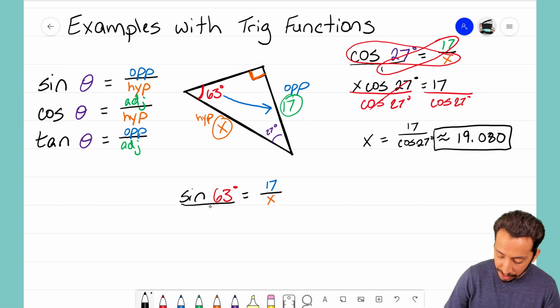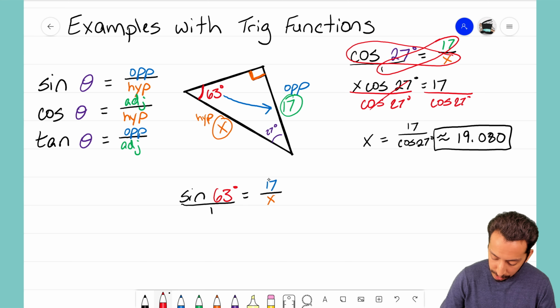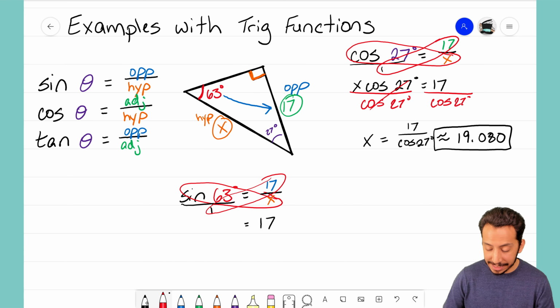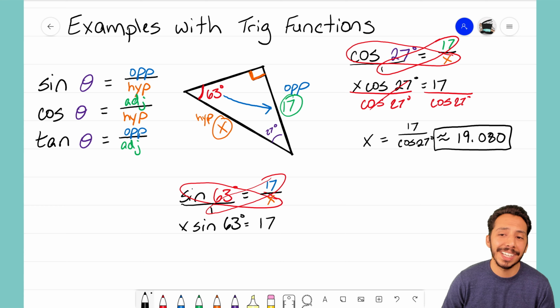So I'm going to do that. I'm going to put sine of 63 degrees over 1. I'm going to cross multiply. Let's see. 17 times 1 will create 17. And then I'm going to have x times sine of 63 degrees.